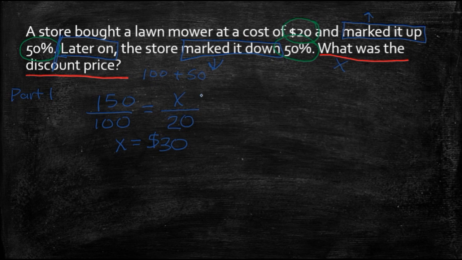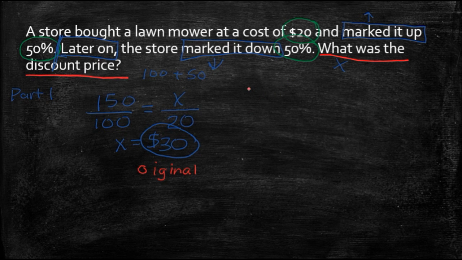So we know that after the markup, this was the price of the lawnmower. So what you're going to do in these two-step problems, these multiple step problems, this becomes your new original price. So I'm going to go ahead and repeat that. So in part 1, that becomes your new original price.